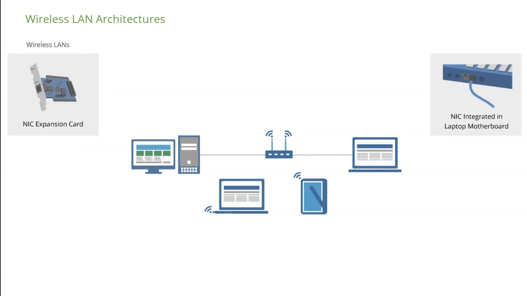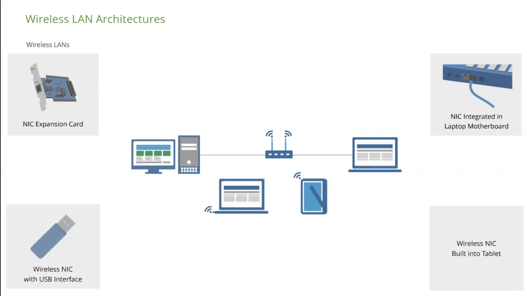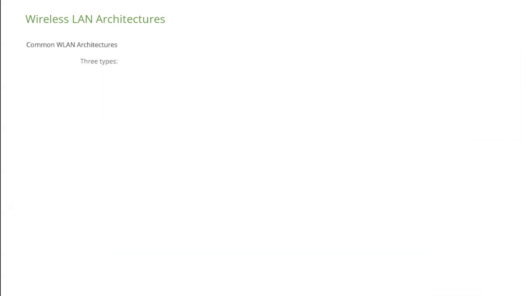Instead of using an RJ45 NIC to connect to a switch, wireless clients use a wireless NIC, which has a radio built into the device to connect either directly to a switch or through a wireless access point, which subsequently connects to a switch.